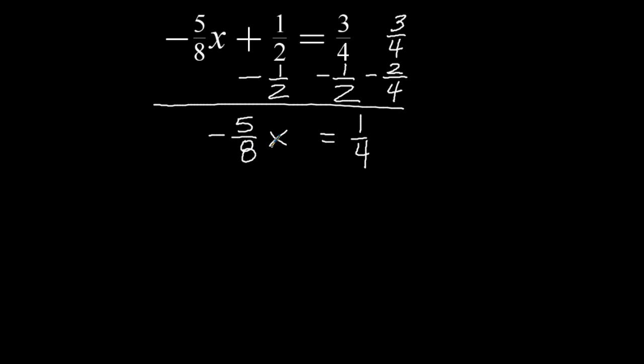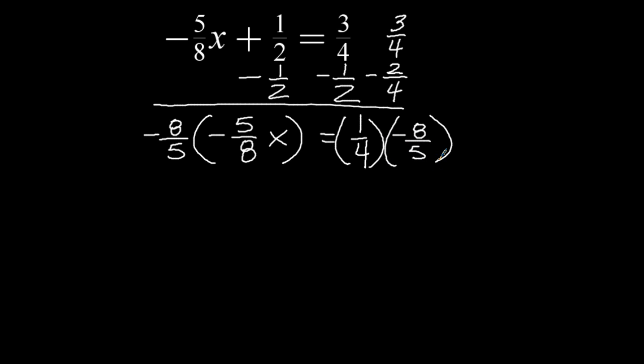This is where I'm going to use my multiplicative inverse. I have negative 5/8 times x is equal to 1/4. So what am I going to do? I'm going to multiply both sides by negative 8/5. Then I'm going to multiply out. Negative 8 times negative 5 is 40, and 5 times 8 is 40.